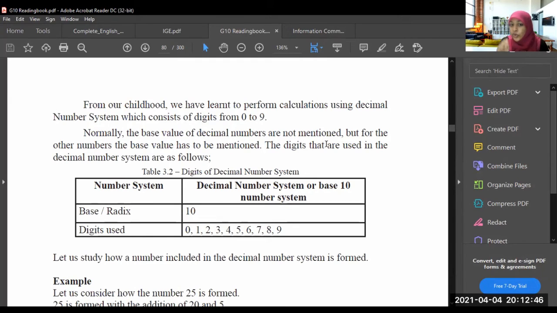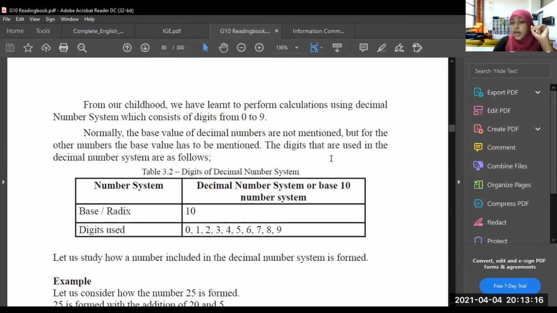So the base value of the decimal number is not mentioned in the basic decimal number system. But for the other numbers, the base value has to be mentioned. It is a must. If not, the answer will be wrong. Okay? You should understand that, or you should remember.